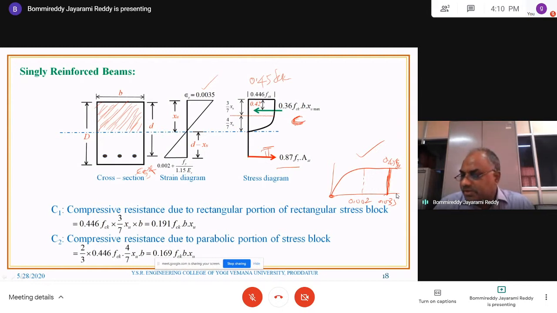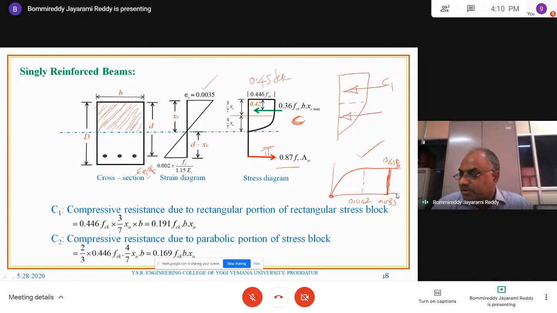So here the C value is because of two parameters. One parameter is the rectangular portion, so you can call it C1. C1 is the compressive resistance provided by the rectangular portion of the stress block.